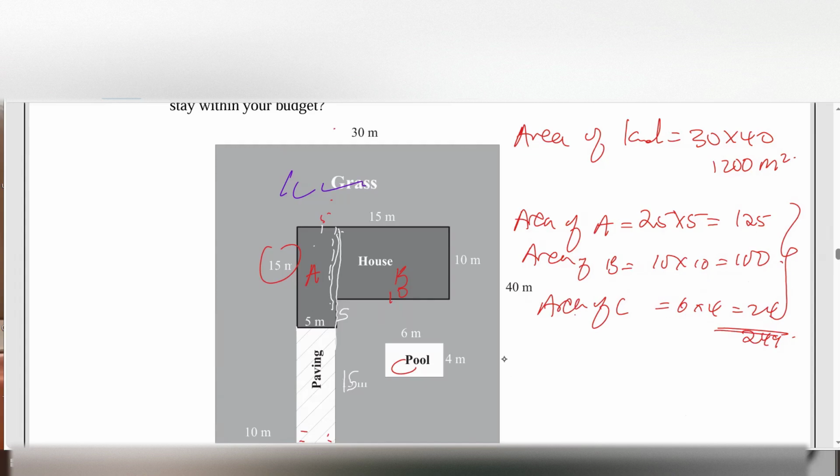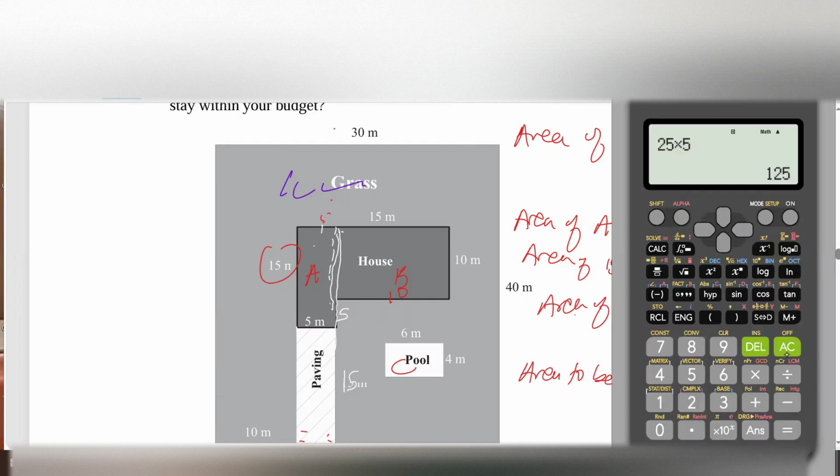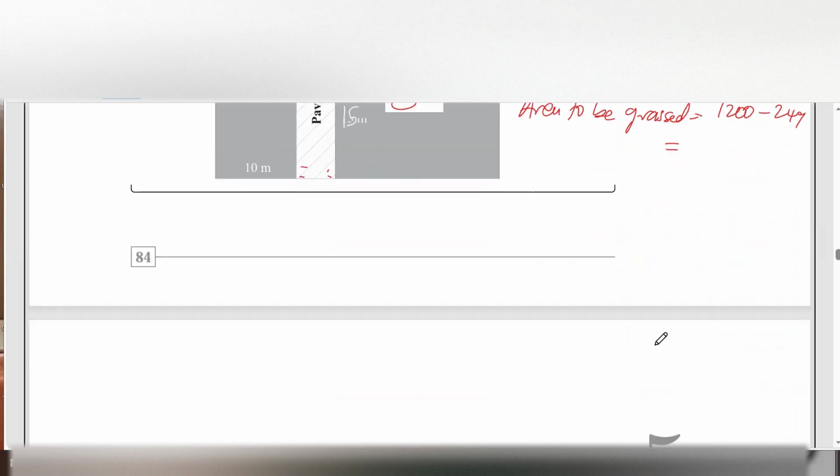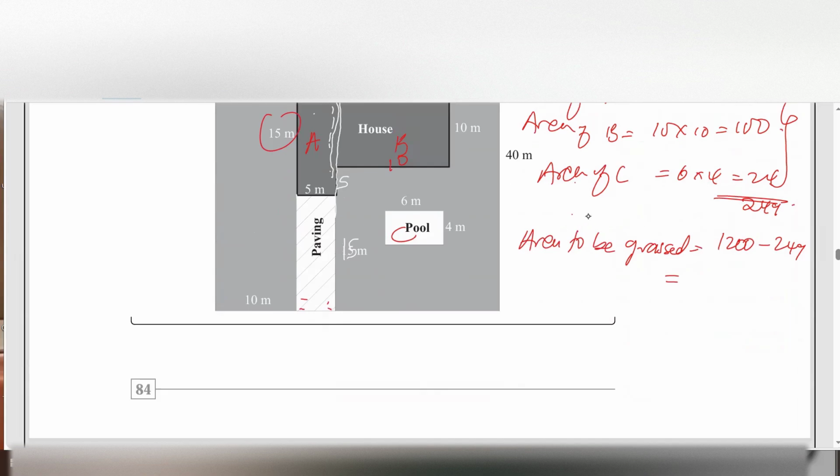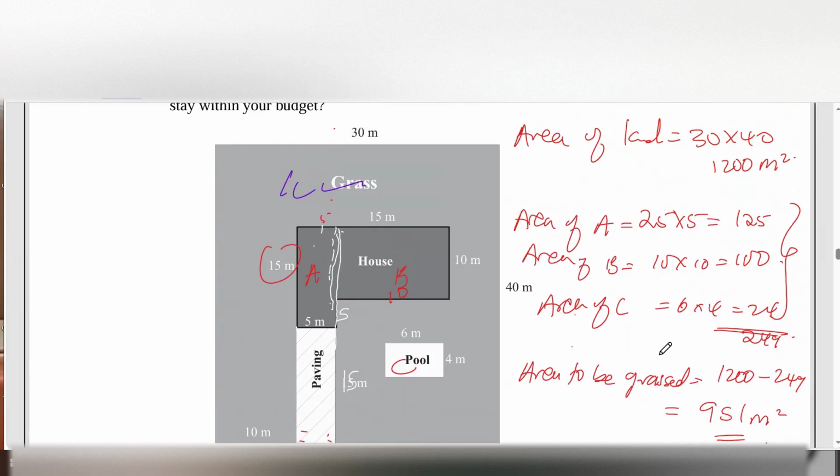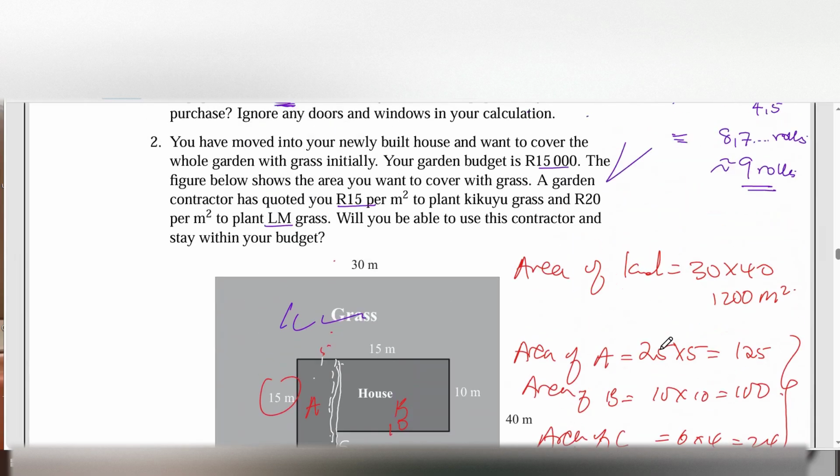Then I need to subtract it from there. So area to be grassed is 1,200 minus 249. We get 951 meters squared.